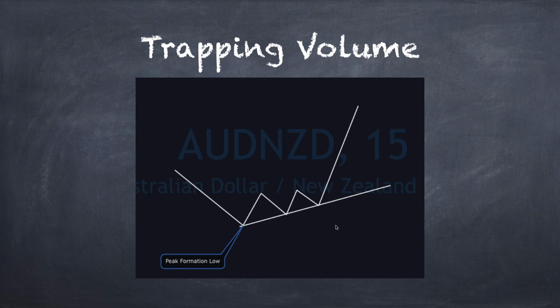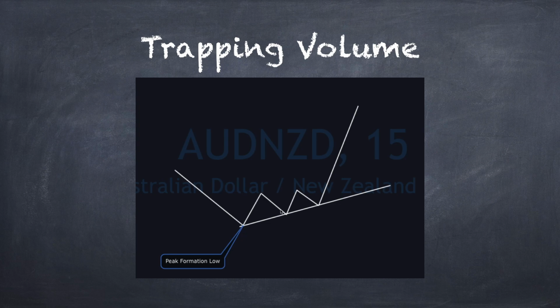Remember that the most important feature about this is that each of the spikes is higher than the previous one, which prevents short position holders from taking any profit and potentially encourages new shorts every time they do this. Every time they come up and go down, it encourages new traders to go short.